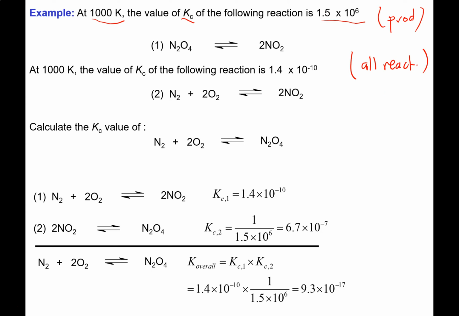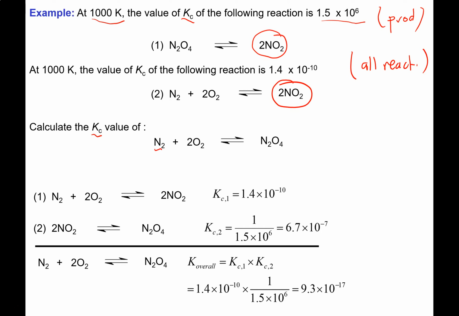Now, if you look at these two, what you see is that they do have something in common. They have the 2NO2 in common. Now the question asks, calculate the Kc value of this reaction, N2 + 2O2 in equilibrium with N2O4. Now my expectation is that this is going to be a fairly small number because N2 is pretty unreactive. So let's see what's going to happen.